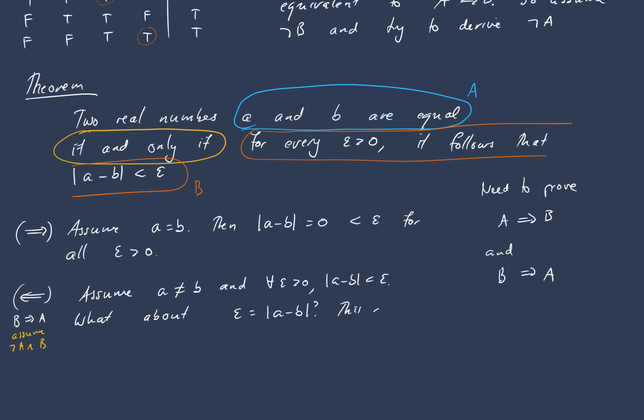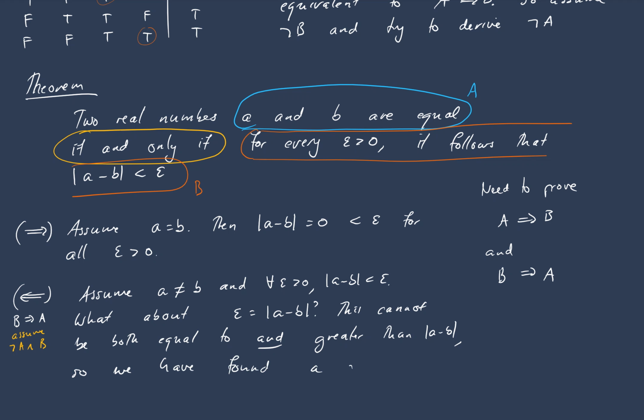This cannot be both equal to and less than the absolute value of A minus B, so we have found a contradiction. Okay, so we're revisiting this kind of approach to proofs many, many times, but that's all for now.